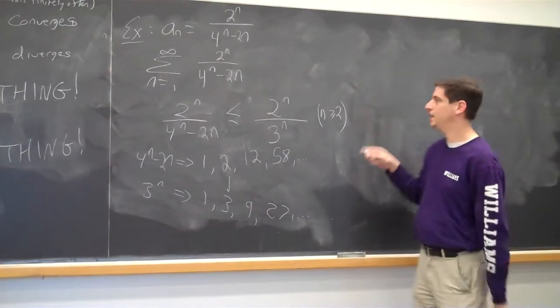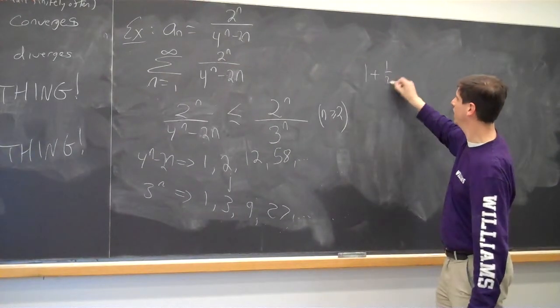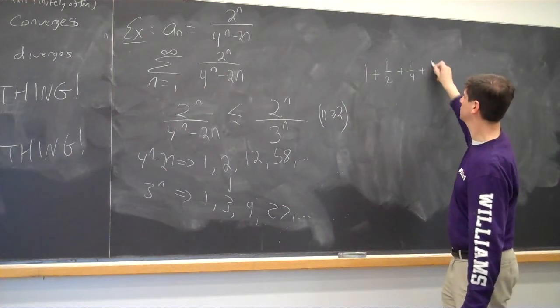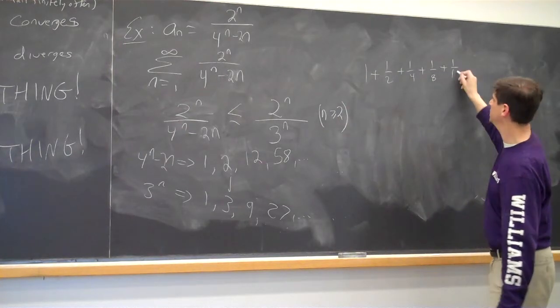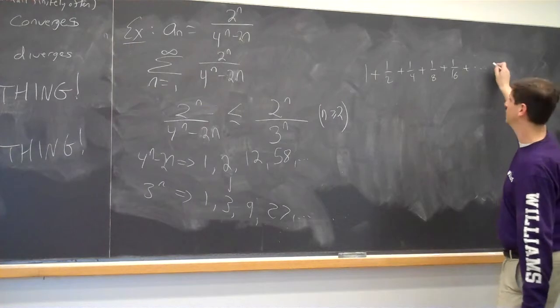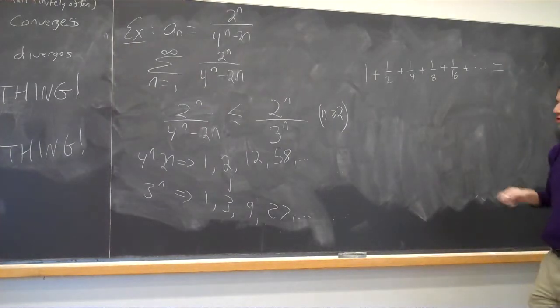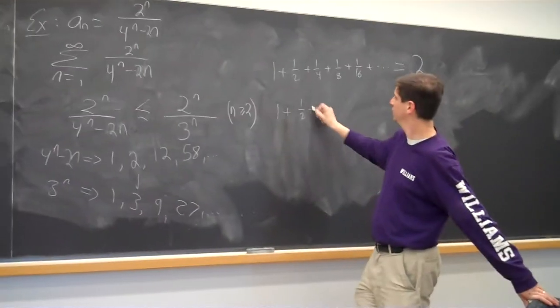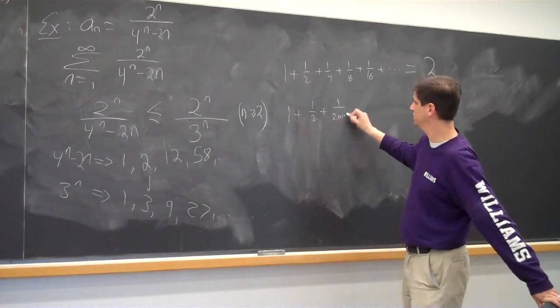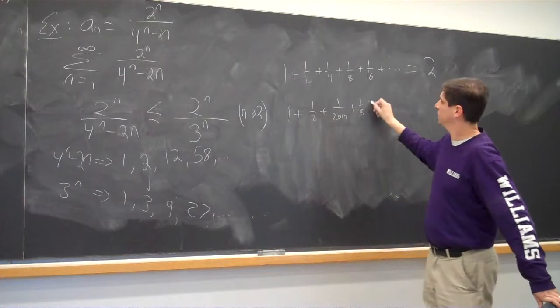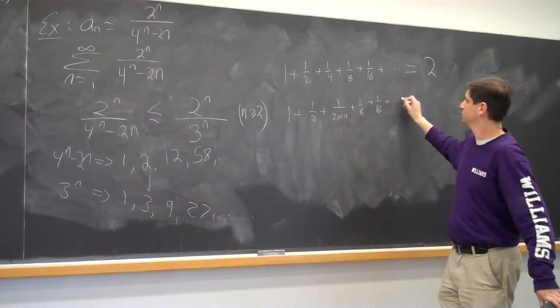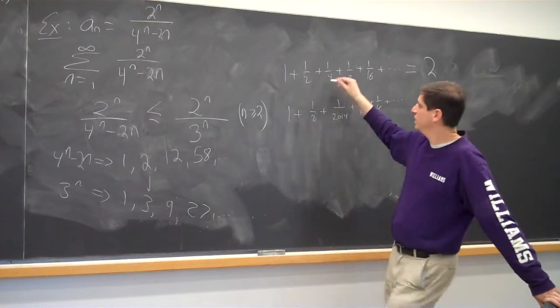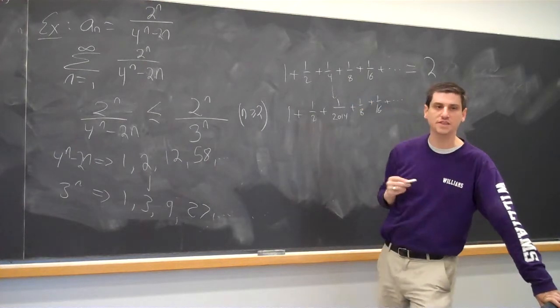Okay. So imagine I have 1 plus 1 half plus 1 fourth plus 1 eighth plus 1 sixteenth plus dot dot dot. Anybody remember what that sum equals? 2. What if I give you 1 plus 1 half plus 1 over 2014 plus 1 eighth plus 1 sixteenth? So I just changed this term, and I changed nothing else.